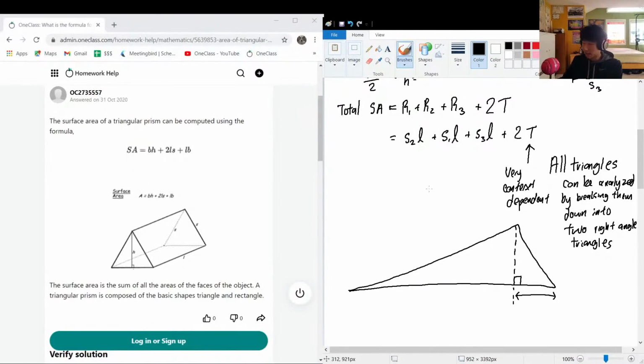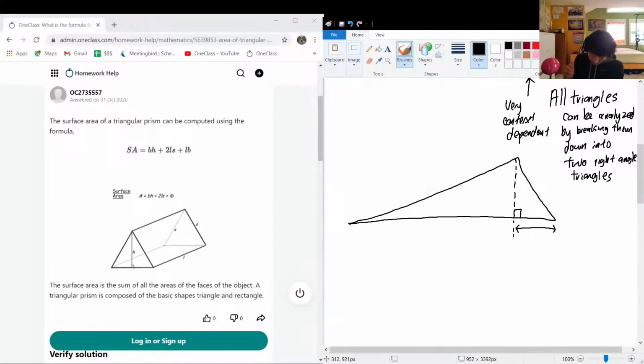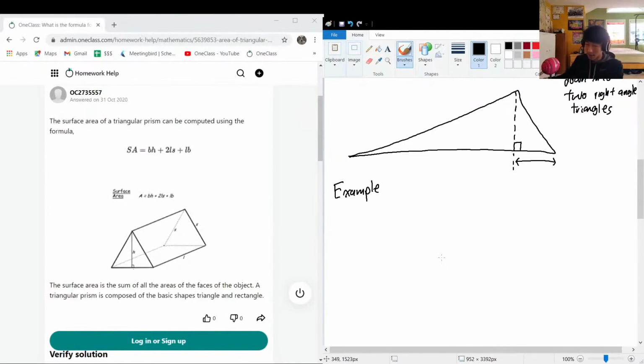Okay, so let's see if we have any examples that we can add here. Suppose that we have a prism, or let's do a more simple example where we just have an equilateral triangle based triangular prism. Okay, let's draw that out.